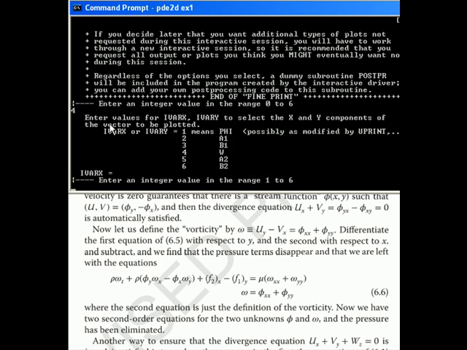So let's do the vector field. And now the vector, as I said, I want it to be phi y comma minus phi x, but a1 and b1 now contain those, so I just say 2 and 3.